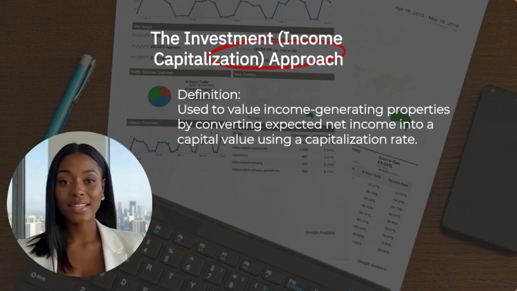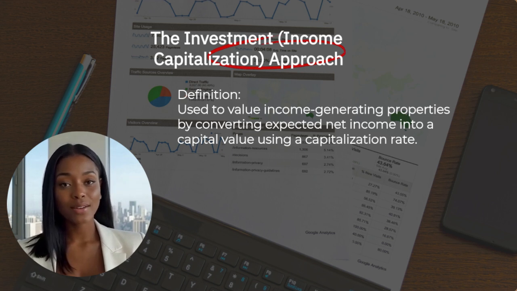3. The investment, income capitalization approach. Definition. Used to value income-generating properties by converting expected net income into a capital value using a capitalization rate. Types. Direct capitalization uses a single year's income and a cap rate. Discounted cash flow, DCF, projects multi-year income and discounts to present value.